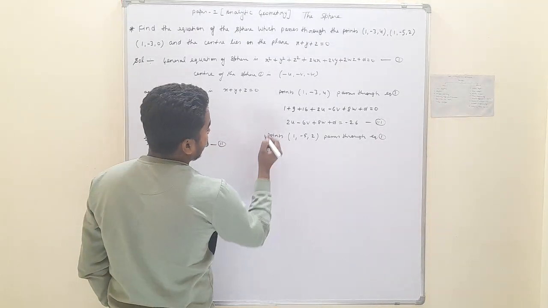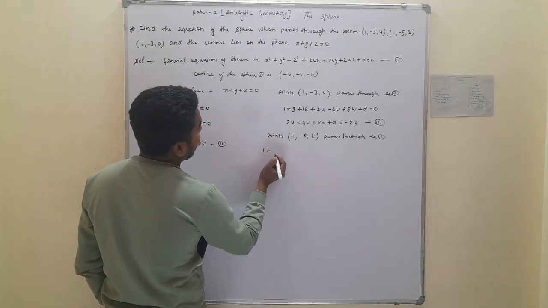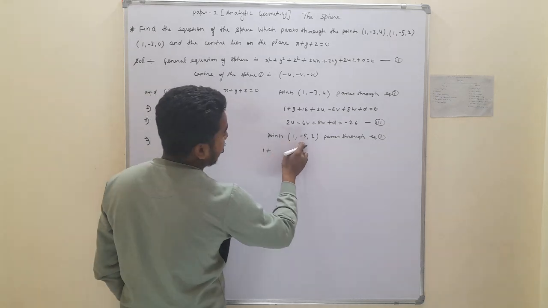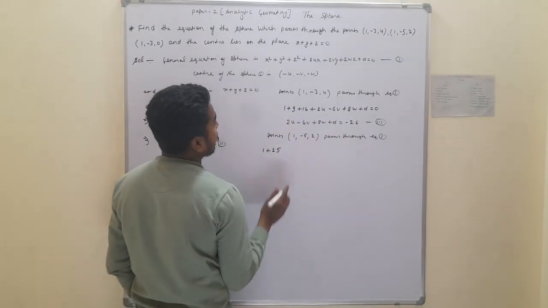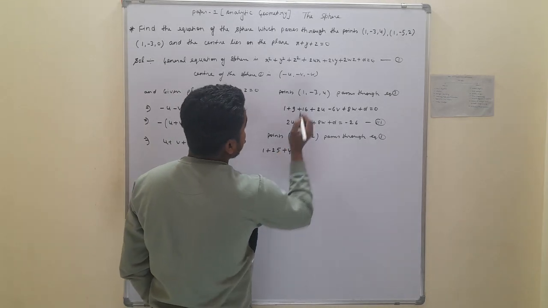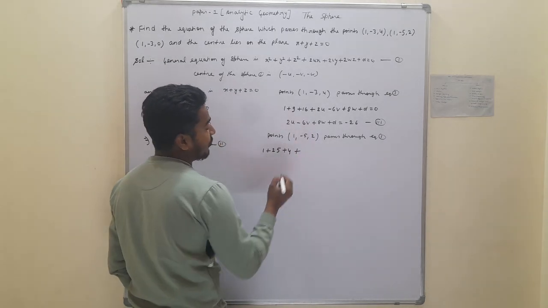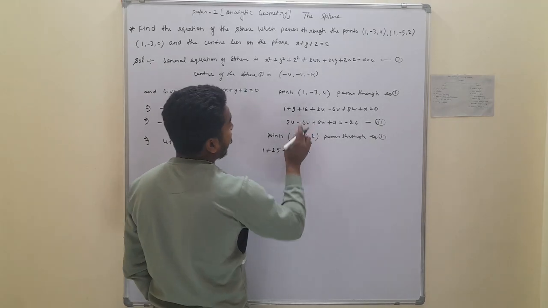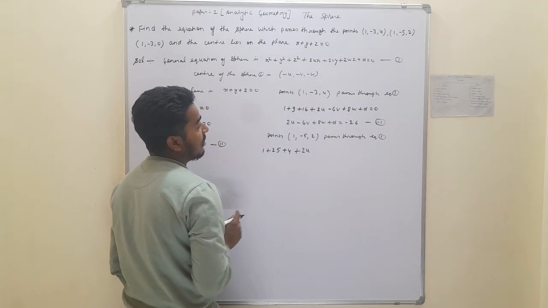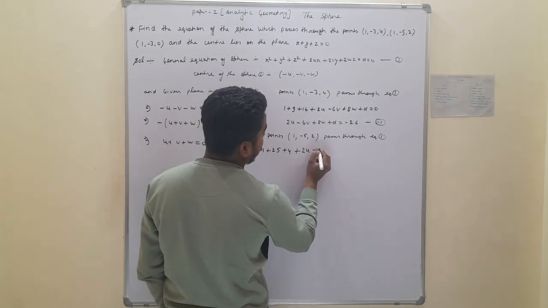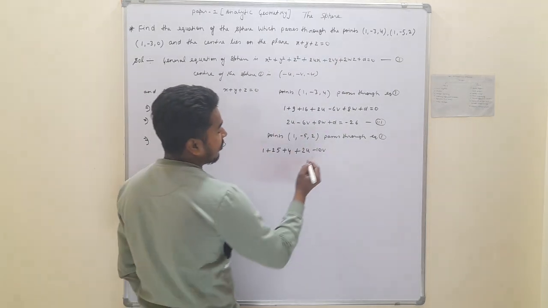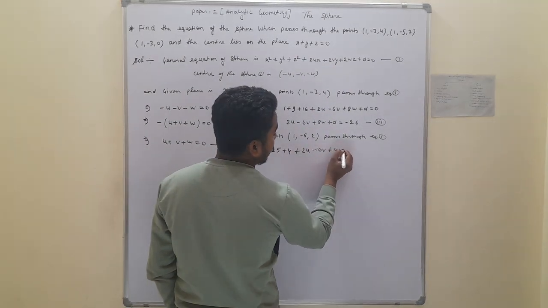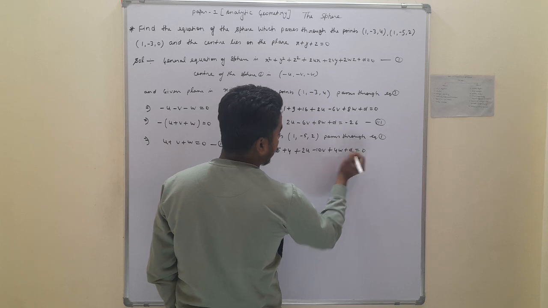We get 1 + 25 + 4 + 2u - 10v + 4w + d = 0.